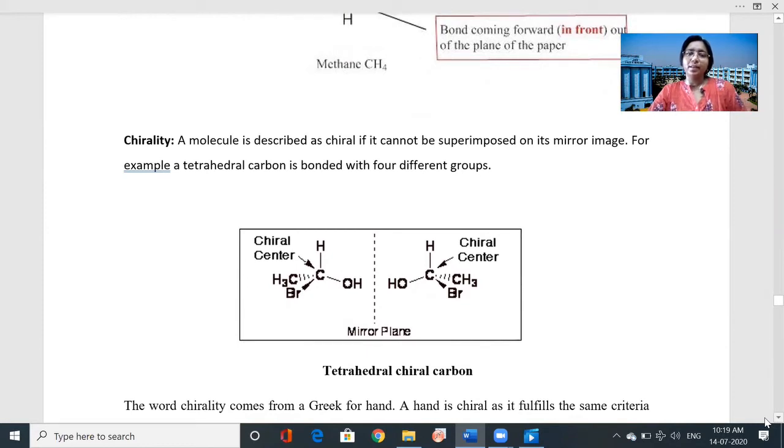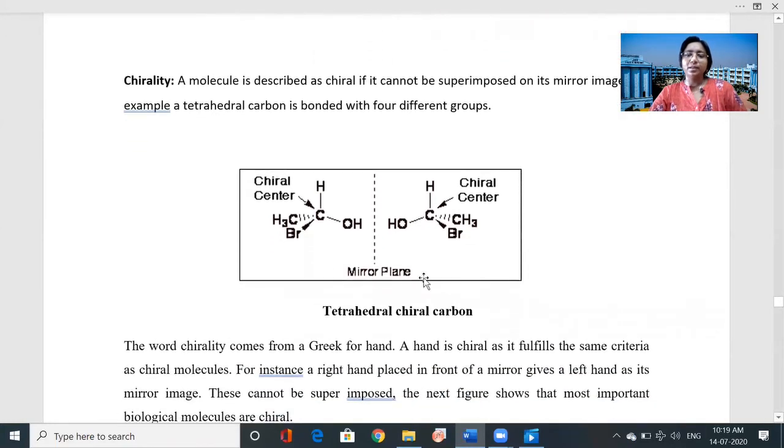For example, a tetrahedral carbon is bonded with 4 different groups. So in this given example, you can observe that the carbon is chiral.